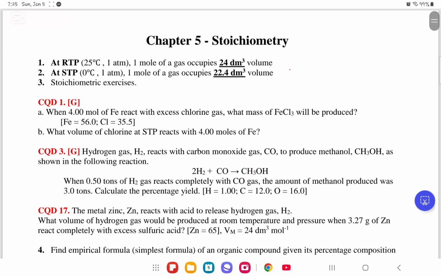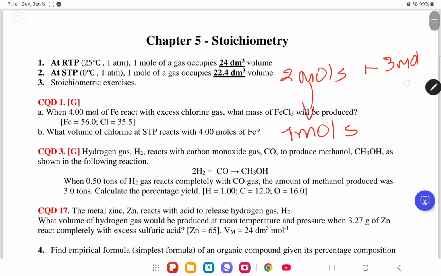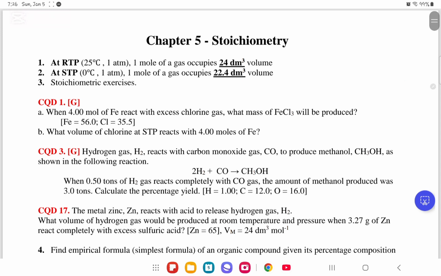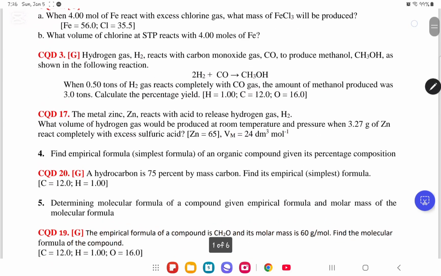Or for example, it can happen like this: if it was 2 moles, and then it became 1 mole, that means if you have 3 moles, you will divide it by 2, so it will become 1.5 moles. So they are all ratios. And then for part B, we did the same thing, and we multiplied the number of moles by STP. Moving on to CQD number 3, we have hydrogen gas H2.